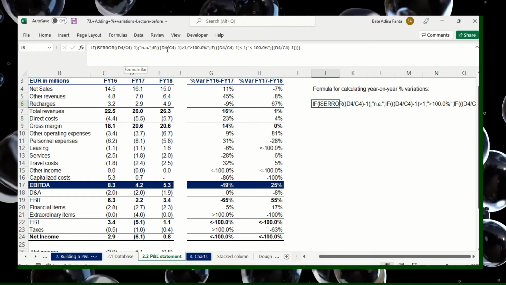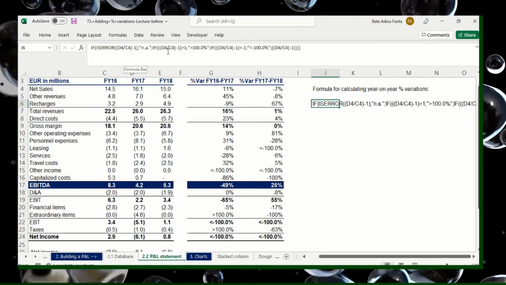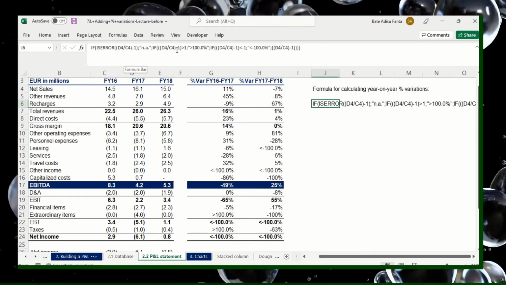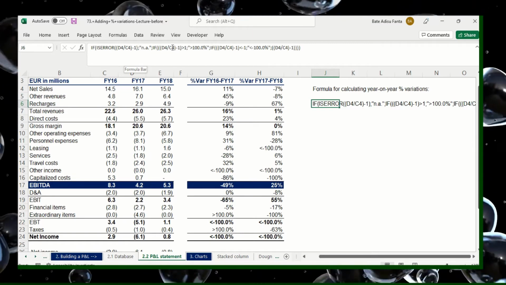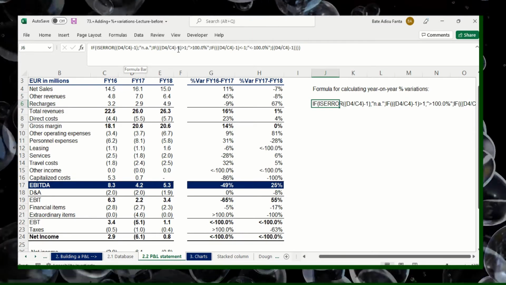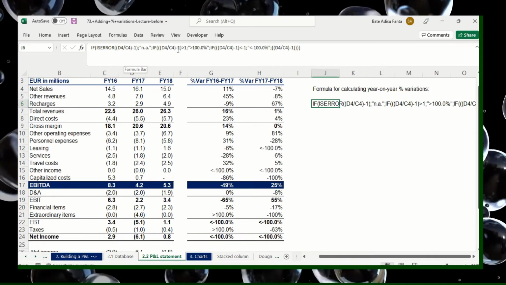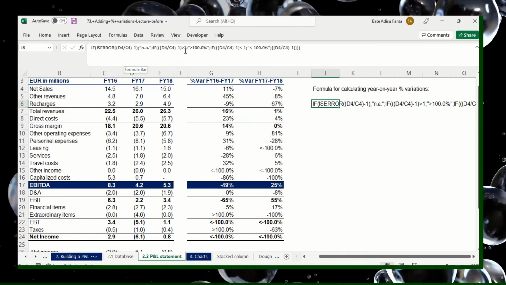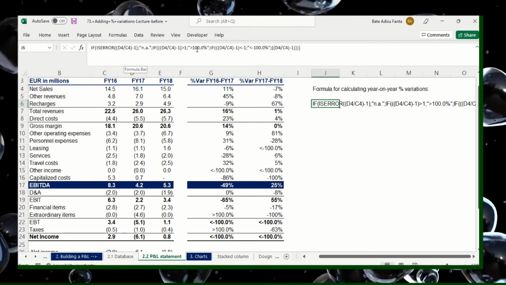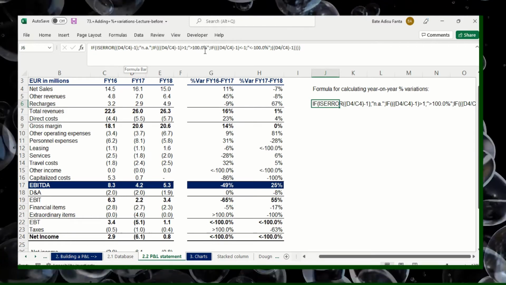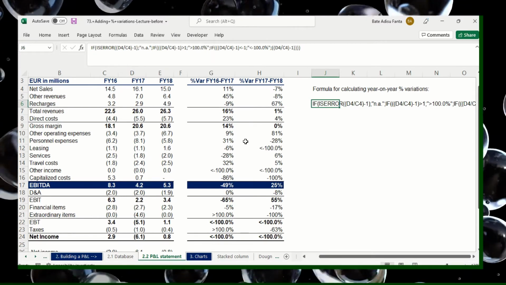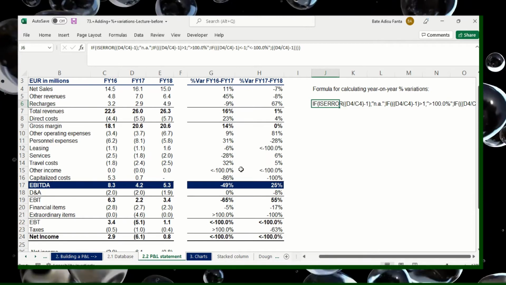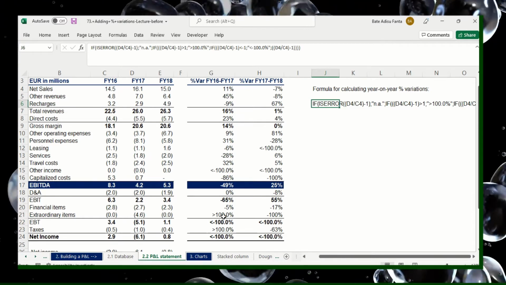And after dividing cell references D4 by C4, we subtract 1 from the division result, and if the result is greater than 1, we see a result which is greater than 100%. I hope we have that here. Yeah, here it is.